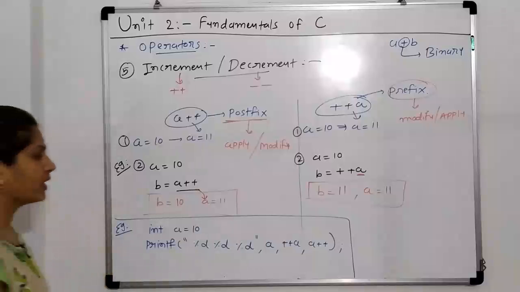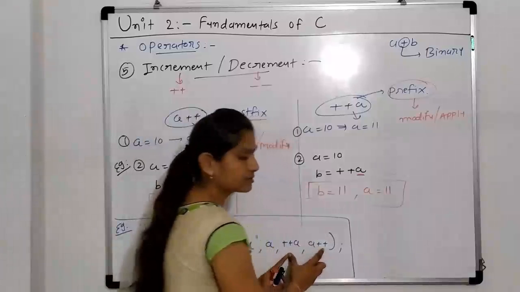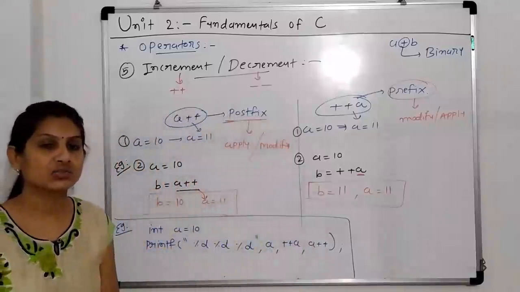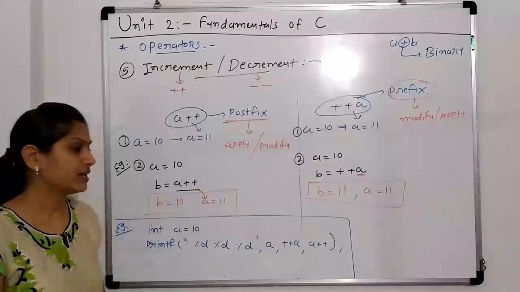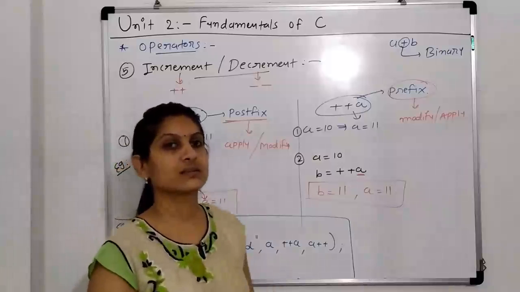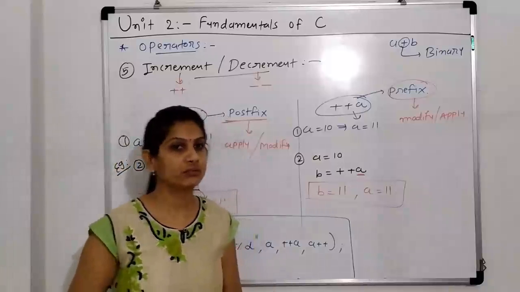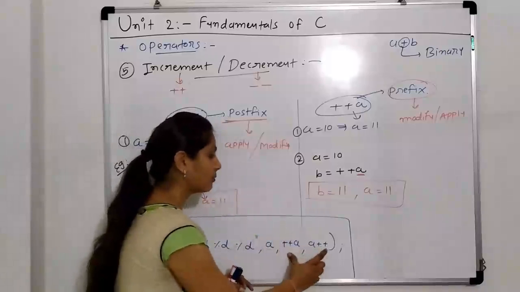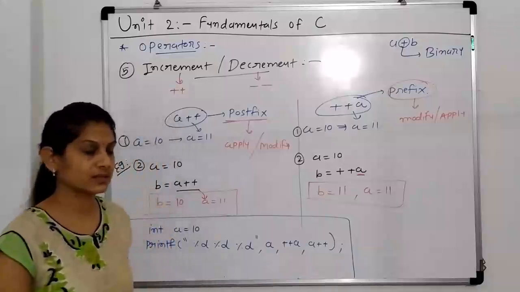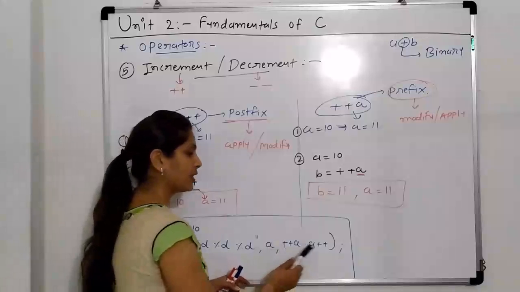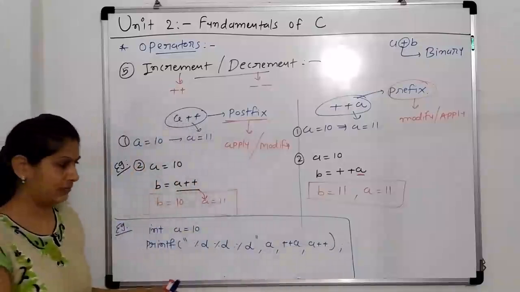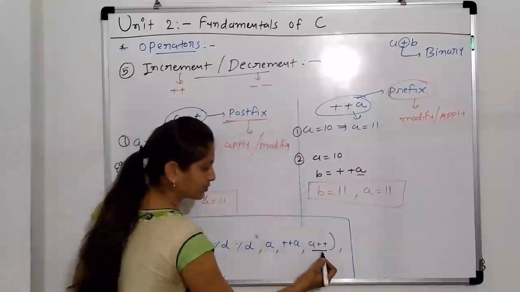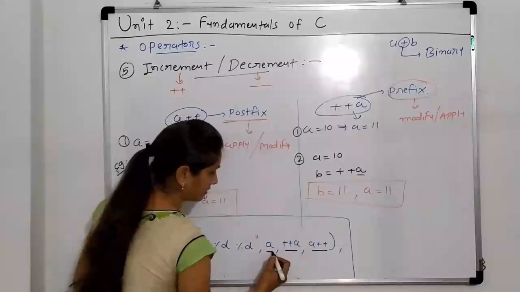Whenever you are using the same operators, you have to check the precedence and associativity. Let us understand that in our next videos. Right now you have to remember, when both operators have the same precedence, you apply from right to left. So you calculate from the right hand side first, then second and third.